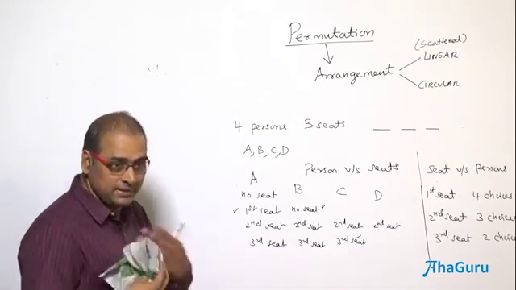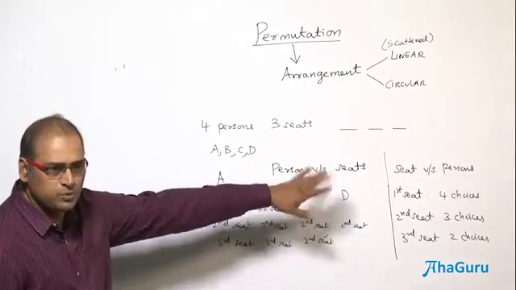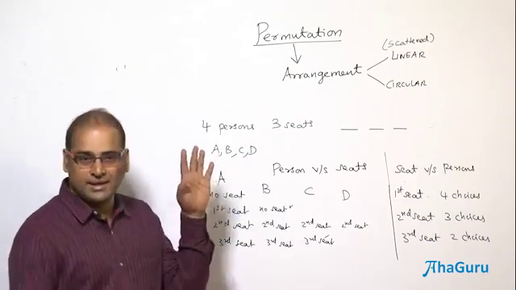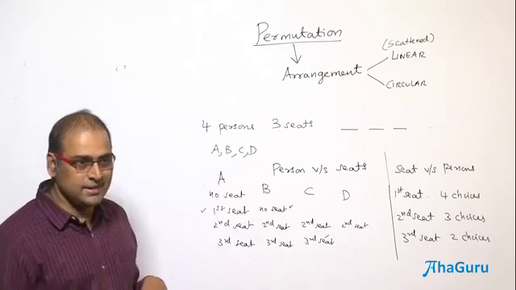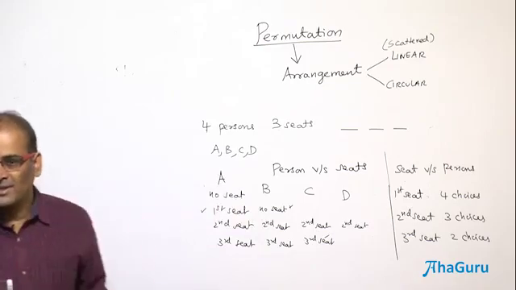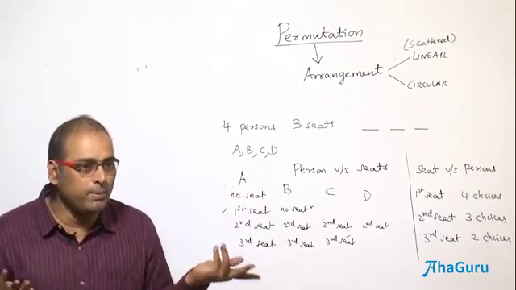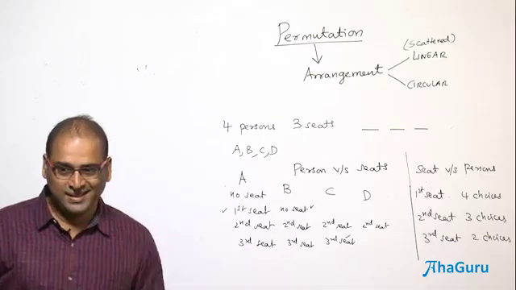You could still theoretically work at it, but it's not going to be convenient. Here this is going to be a smooth run. Therefore, if you have m persons and n seats, then you have to see which one is smaller. Then you have to look from that side. If both are equal, no problem. Then I can look from both ends. That's what we had in the first case.